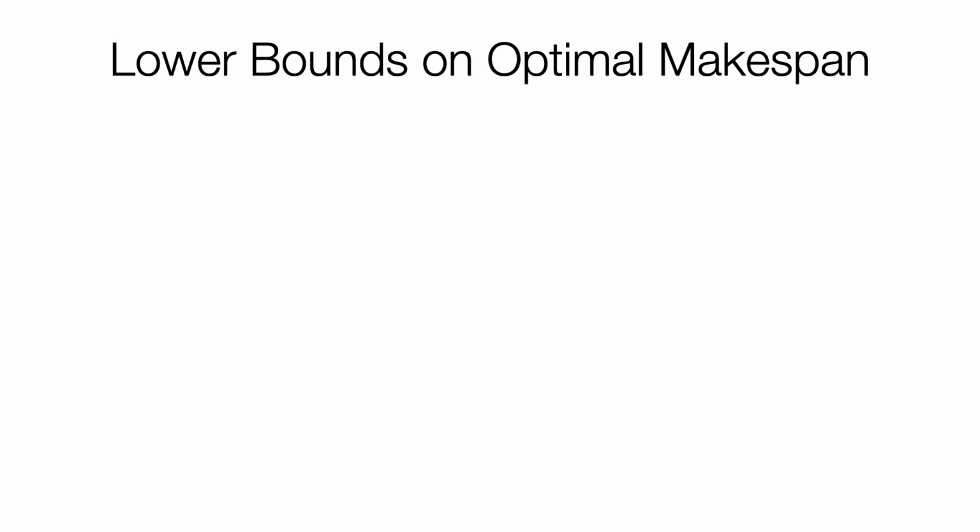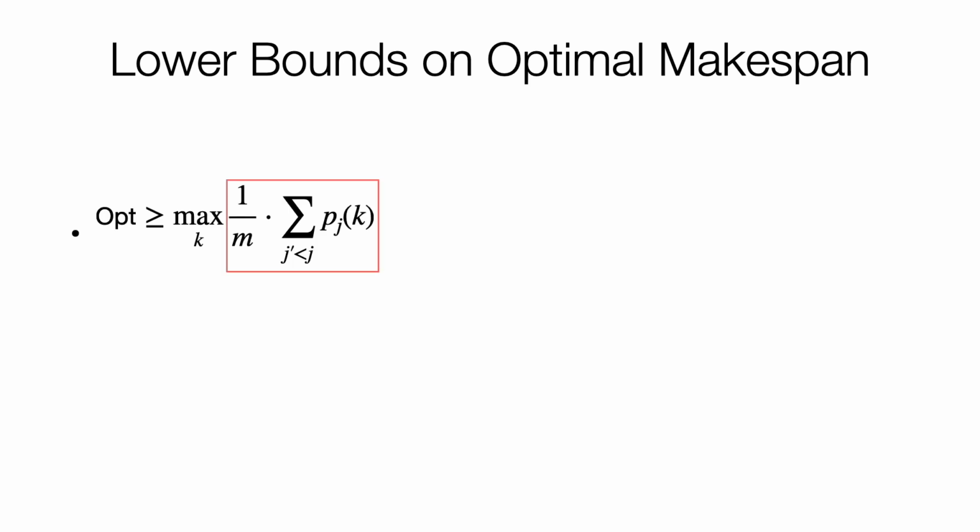Before we proceed to the algorithm, let's look at two lower bounds on the optimal makespan. The first one is that the optimal makespan should be at least as high as the average load in any dimension. This is because in the optimal assignment, there should be at least one machine for every dimension k where the load exceeds the average load.